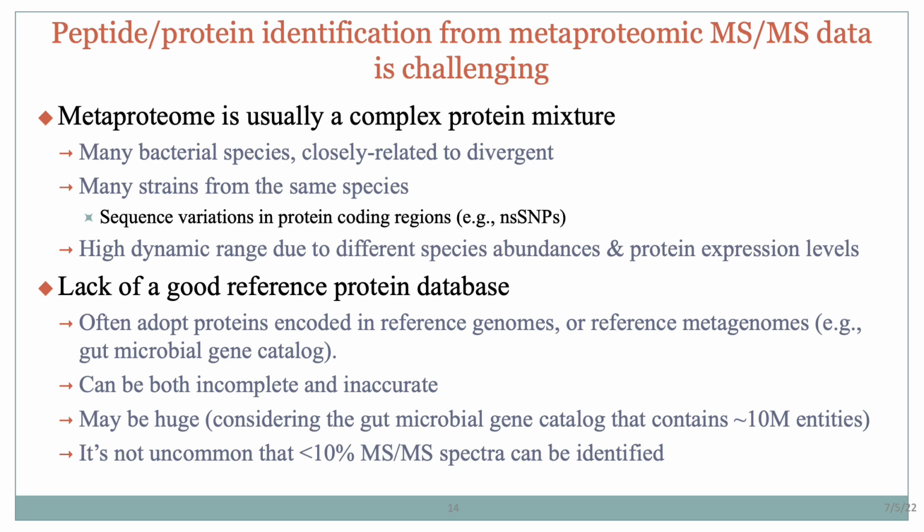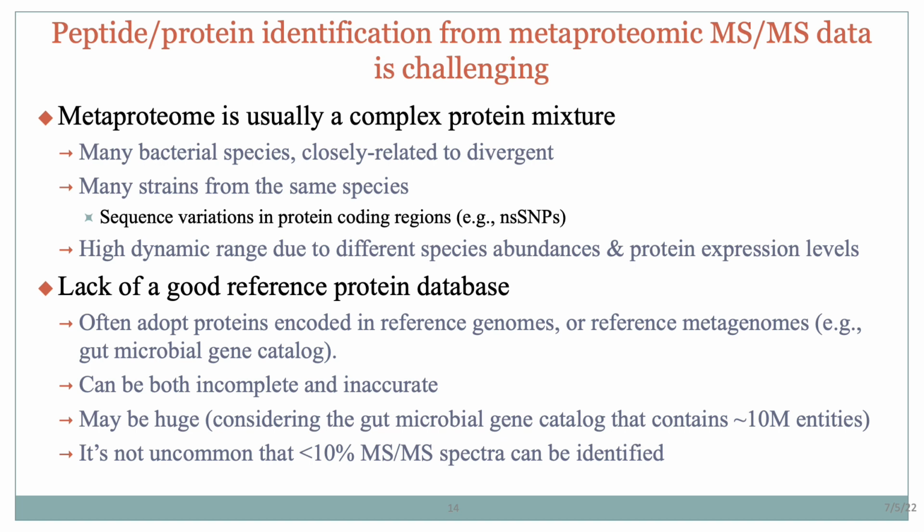Compared to proteomics data from individual species, the dynamic range of abundance is even bigger for community-level proteomics data, because the species are of different abundances, and on top of that there will be expression differences of different proteins in the same species.